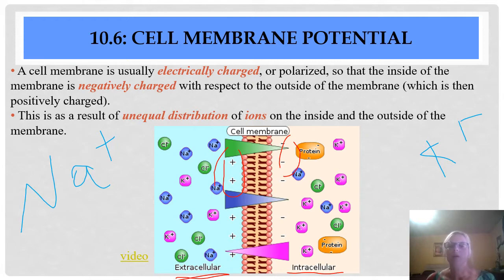Okay, and so it's important to understand what we call the resting potential when an action potential is not occurring, because we're going to look at the changes that occur during an action potential, and those changes are what allow this basically domino effect to occur that sends that signal on down the membrane.